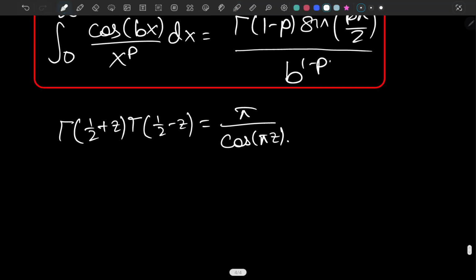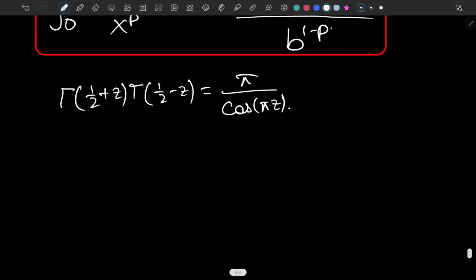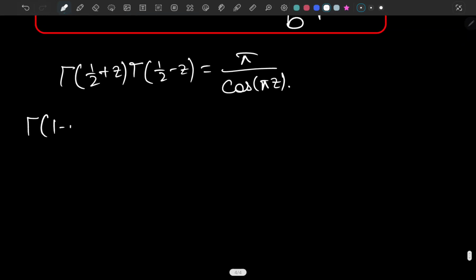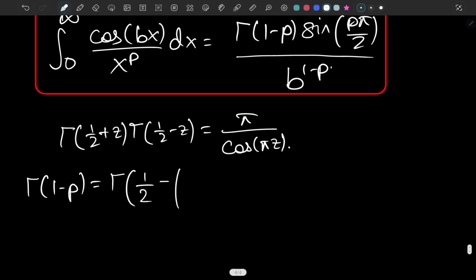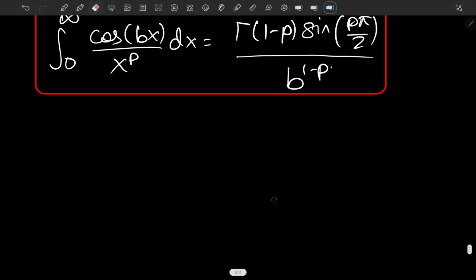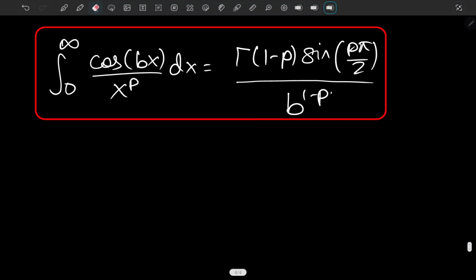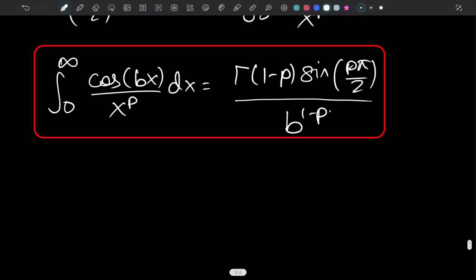So basically this gamma of 1 minus p can also be written as gamma of 1 over 2 minus, I think it's enough guys, and it's true actually, but we can solve this further as well, but it's not going to help us out.